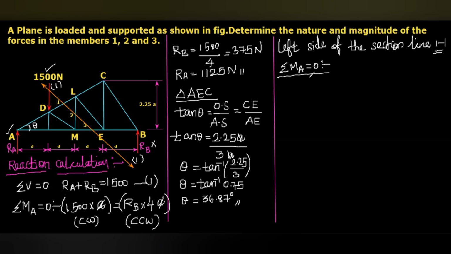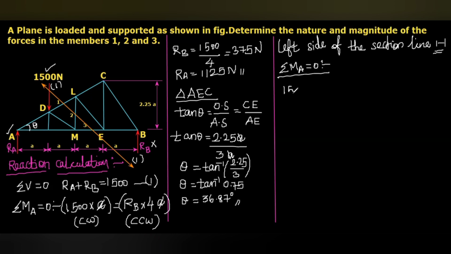When you take moment about A and equal to 0, the moment made by the RA will be eliminated first of all. This 1500 multiplied with A will be in clockwise direction.